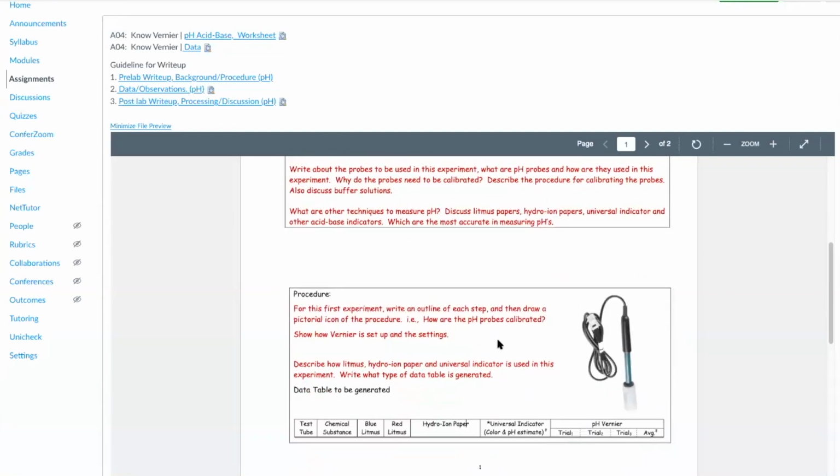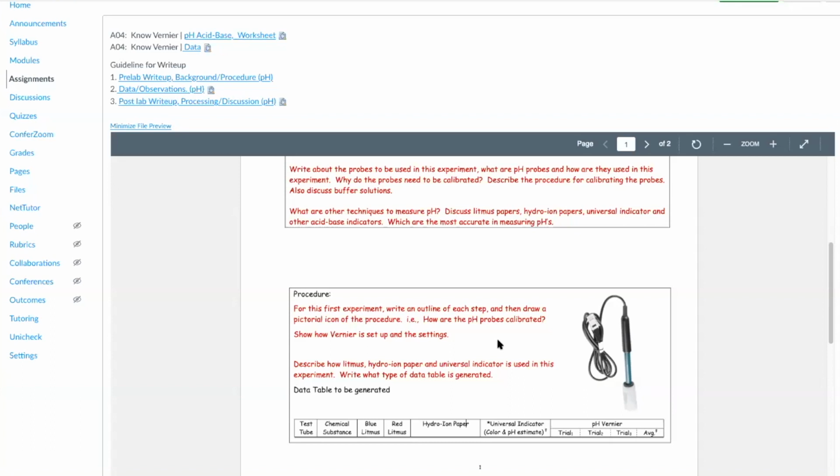And then in the procedure, you're going to be talking about the steps that take place in terms of monitoring the pH. You monitor the pH based on the pH probe and test papers on these test solutions.